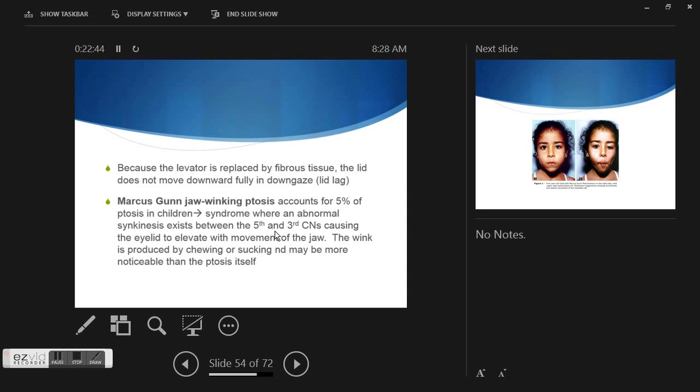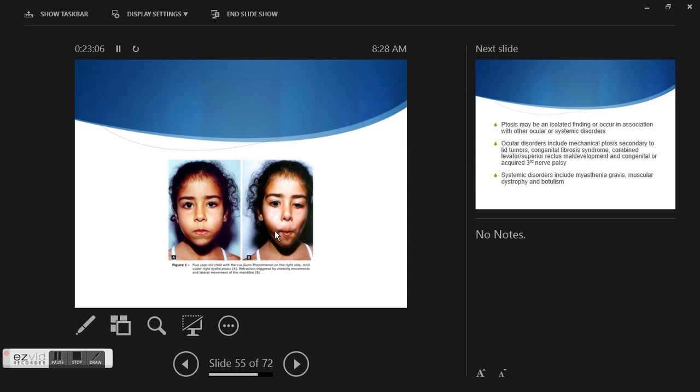There's one particular condition called Marcus-Gunn jaw winking ptosis that accounts for 5% of ptosis in children. This is a syndrome where an abnormal synkinesis exists between the fifth and third cranial nerves, causing the eyelid to elevate with movement of the jaw. The wink is produced by chewing or sucking and may be more noticeable than the ptosis itself.